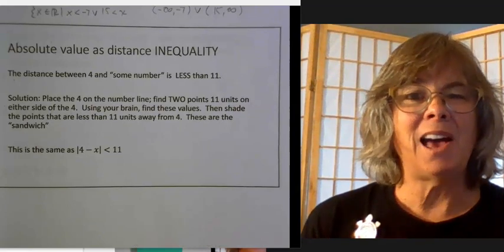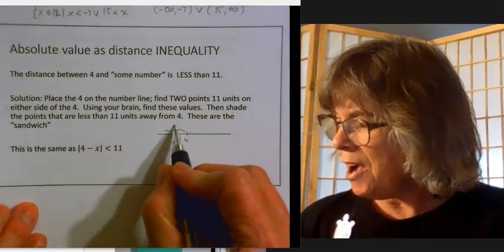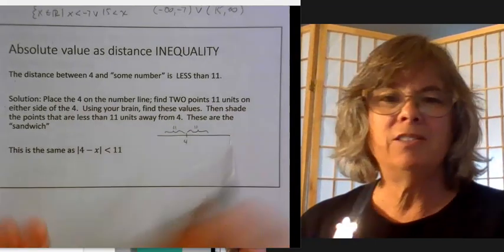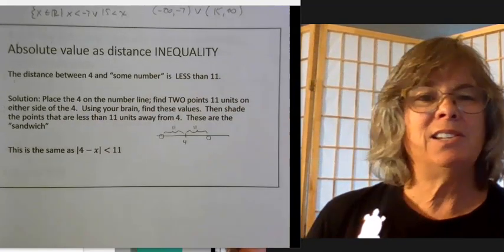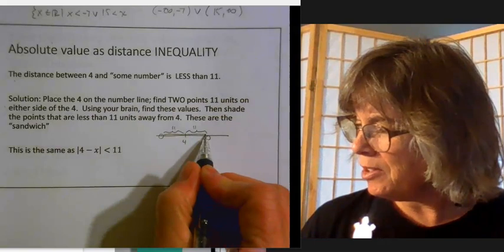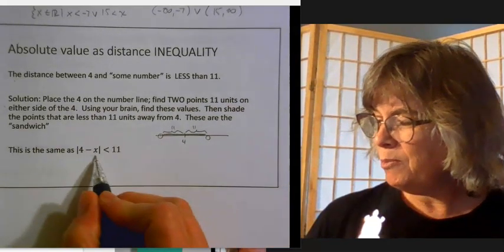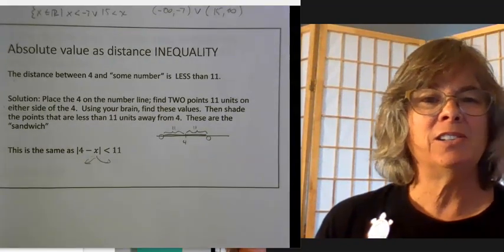Here, if it's less than 11, I've got the same picture. Here's the 4. I'm 11 units on either side. And if the distance is less than 11, then I'm really looking at these values in here. We could proceed to solve this, and you'll find the absolute value signs are different.